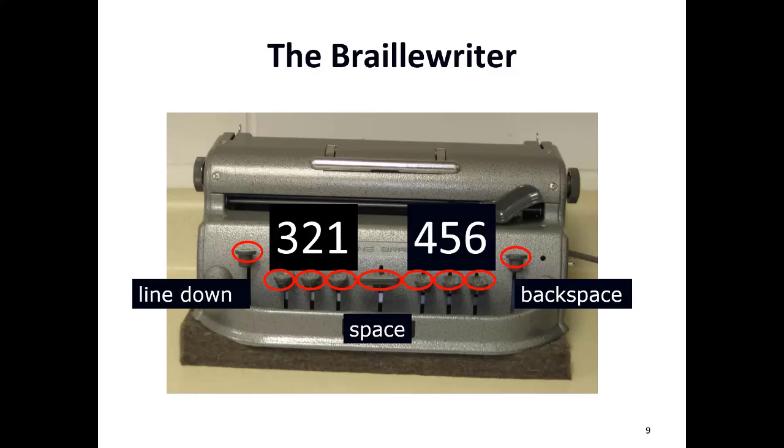If you're putting paper into a Braille writer, or a Brailler, some people call it, turn the knobs on either side of the Braille writer, the round knobs, all the way away from you. Pull the metal levers on the top toward you, and then put your paper in.